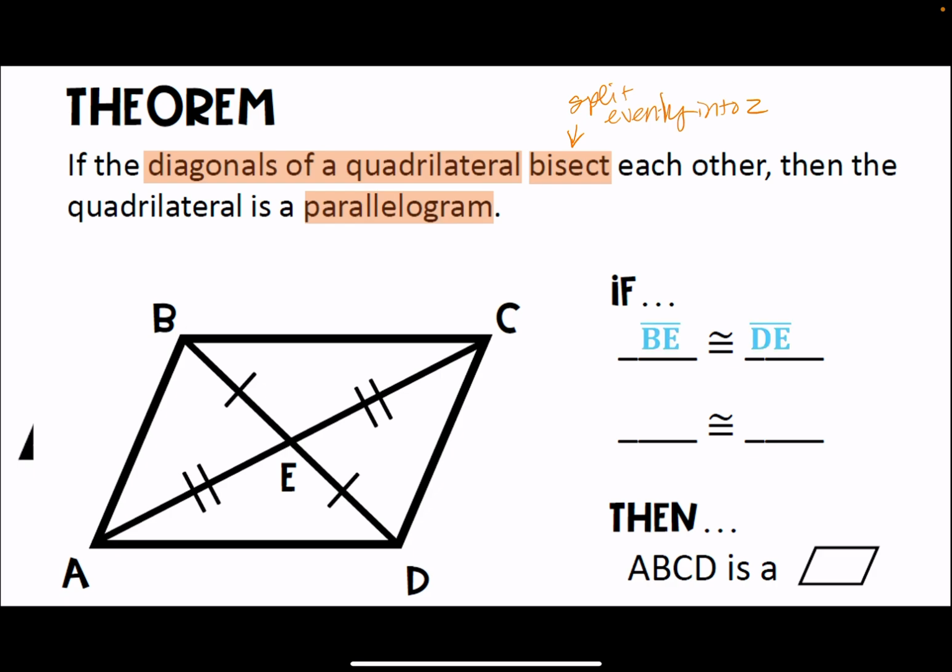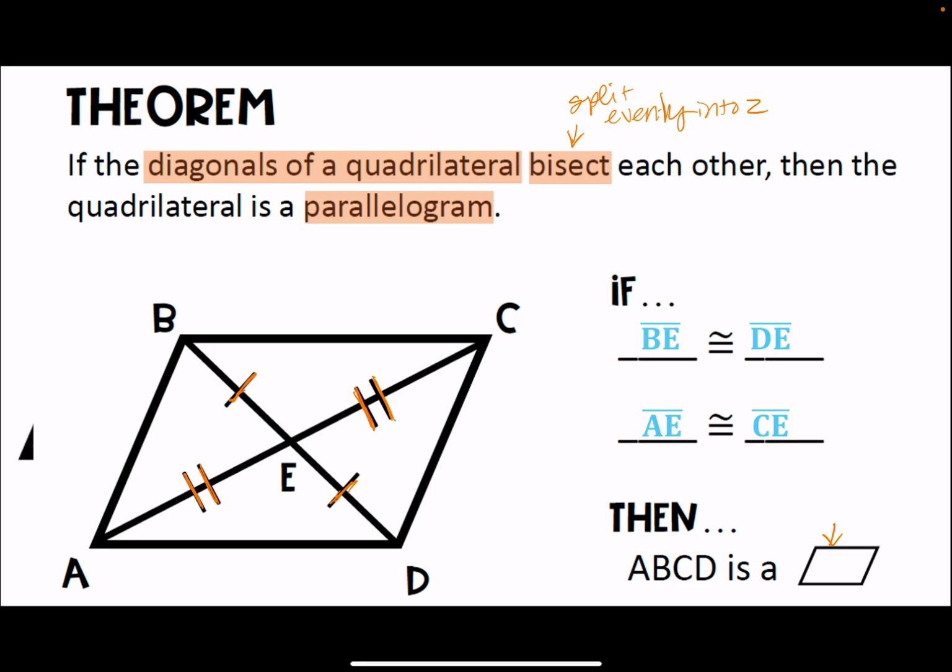So if BE is congruent to DE and AE is congruent to CE, then quadrilateral ABCD is a parallelogram. All right, now you'll notice I haven't been spelling out parallelogram in this.